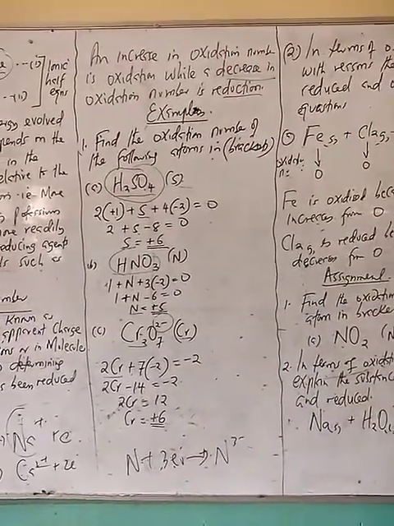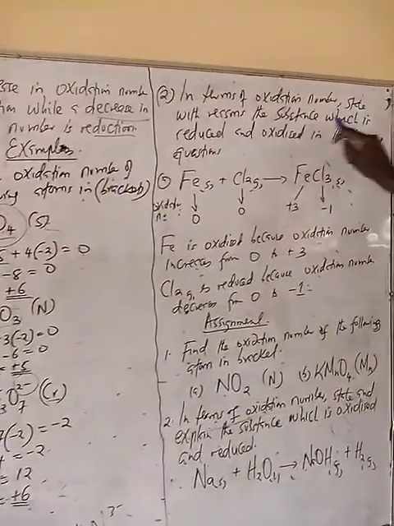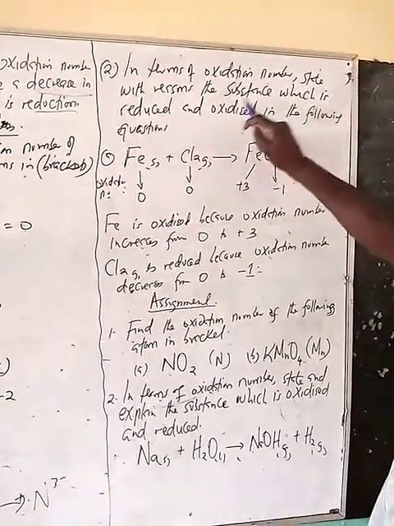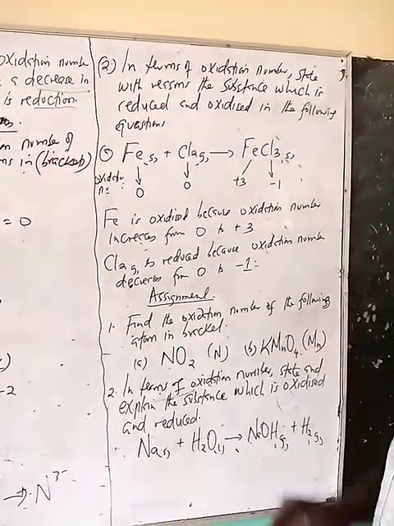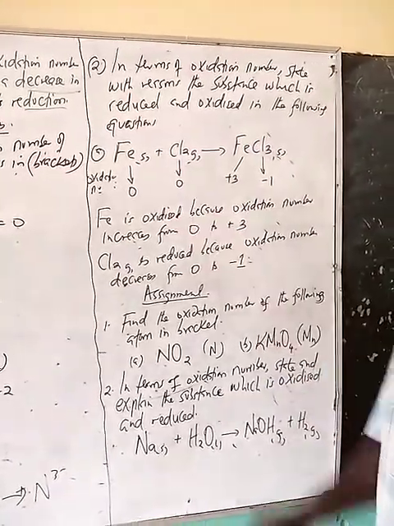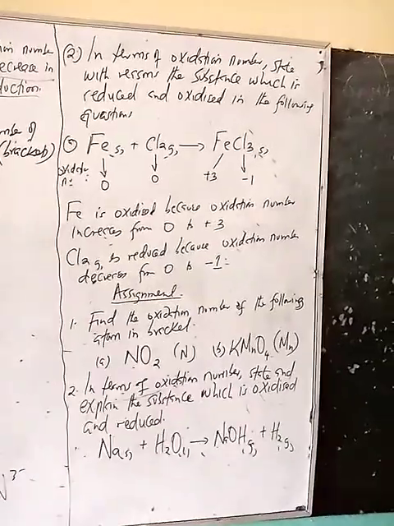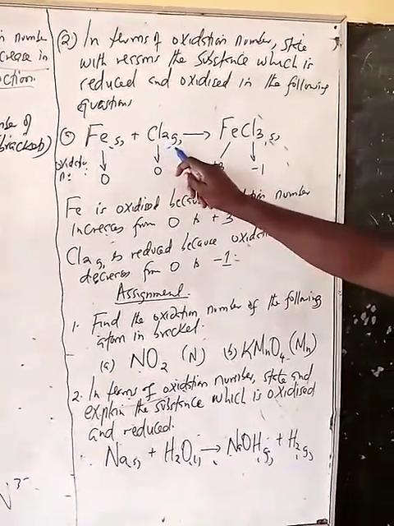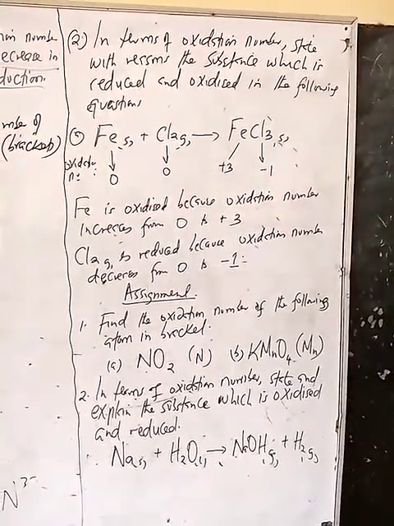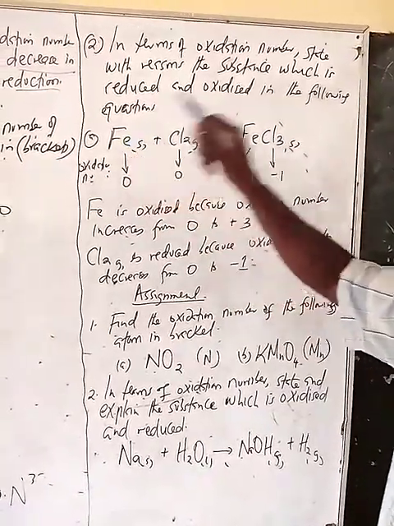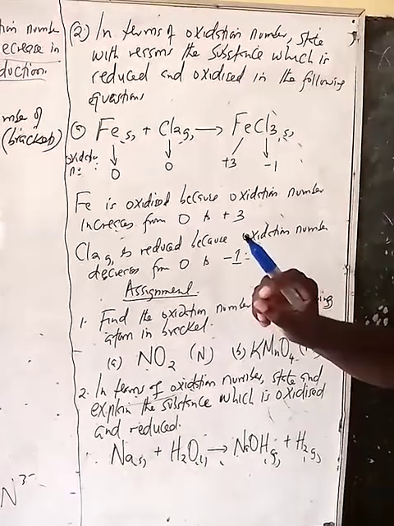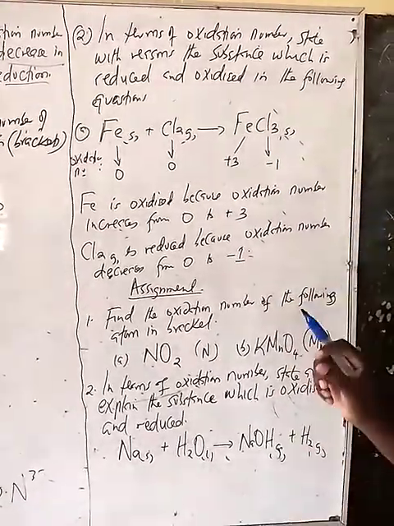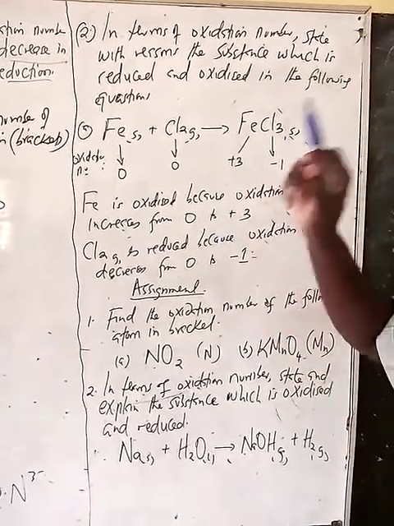So number 2, in terms of oxidation number, state with reasons the substance which is reduced and the one which is oxidized in the following equation. Look at this equation. The equation involves iron plus chlorine gas giving us iron 3 chloride. The oxidation number of any molecule or compound which is not charged is 0.